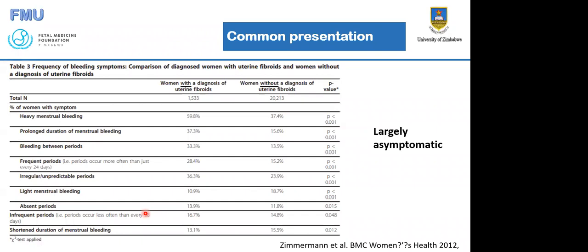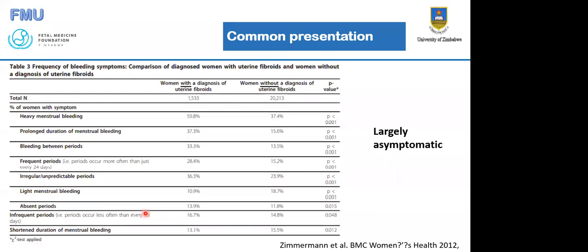As a result, the actual prevalence of fibroids, say how common are fibroids? Whenever we discuss a condition, you want to know how common it is. The actual prevalence is not known, but we know that it varies from between 5 to almost 40 to 50%. Also this prevalence changes with the woman's age.